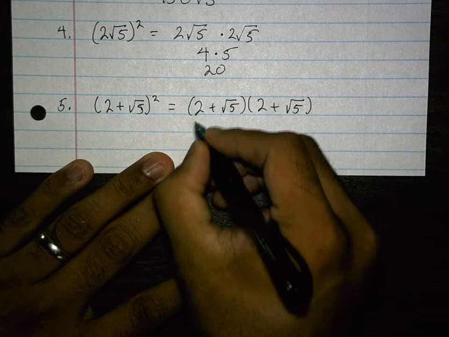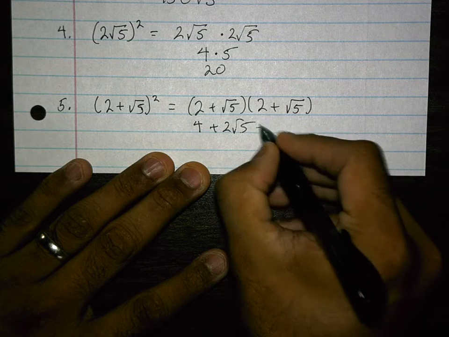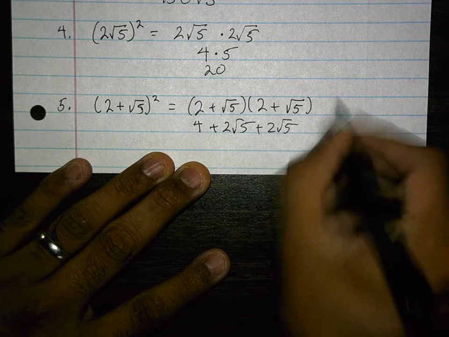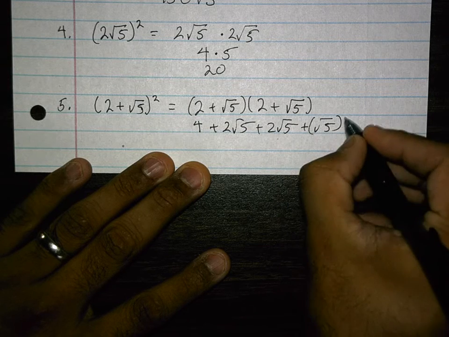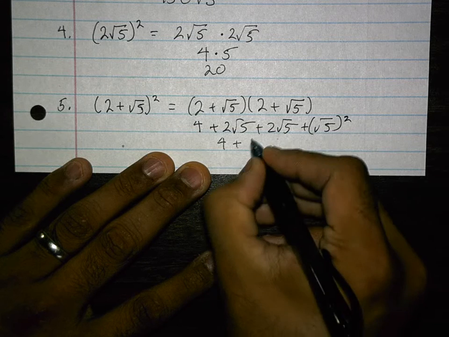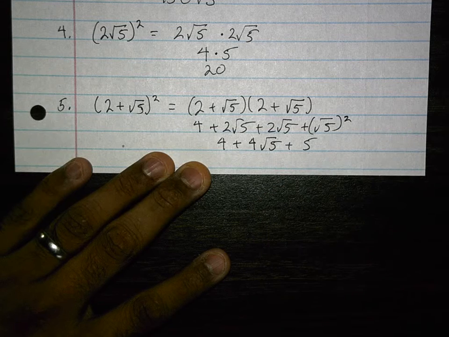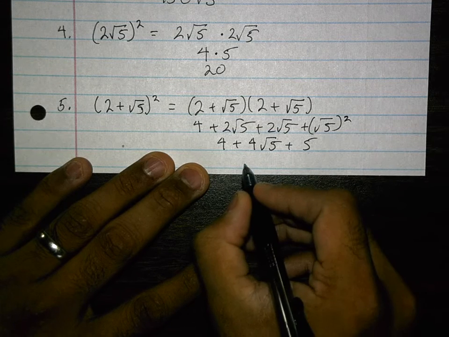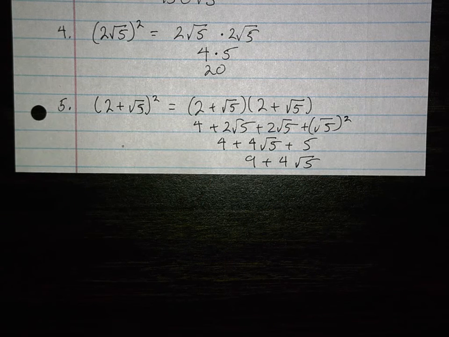So we're looking at 4 plus 2 root 5 plus 2 root 5 plus root 5 squared. So this equals 4 plus 4 root 5, and this turns into 5. Combining like terms, I'm looking at 9 plus 4 root 5.